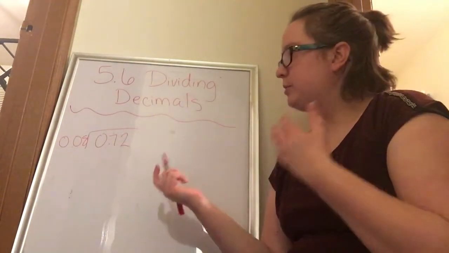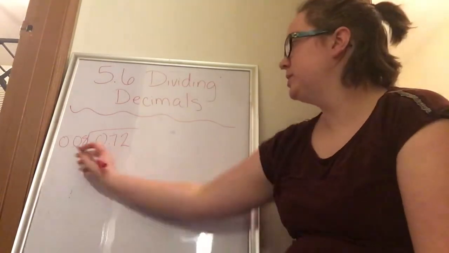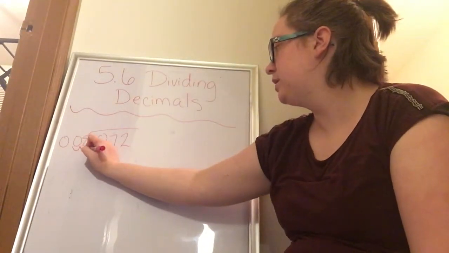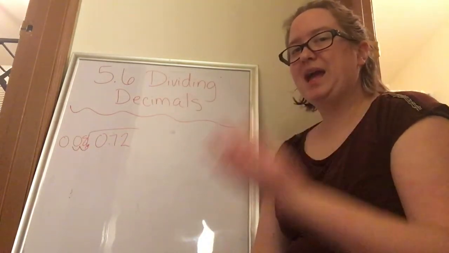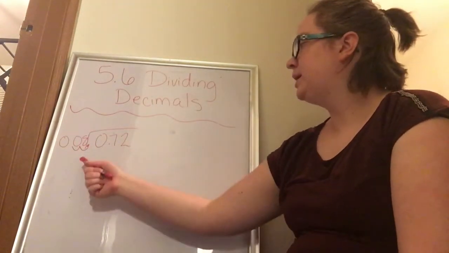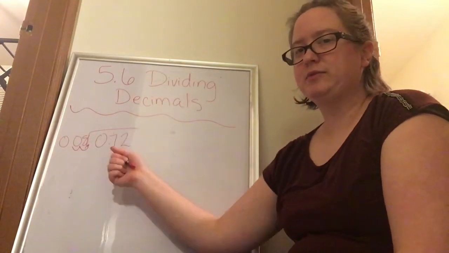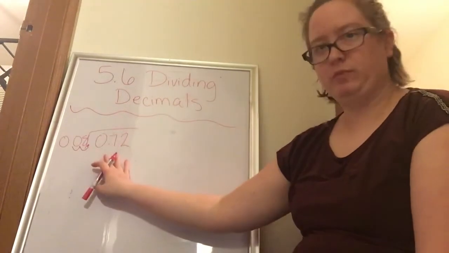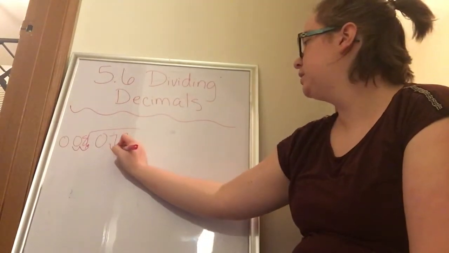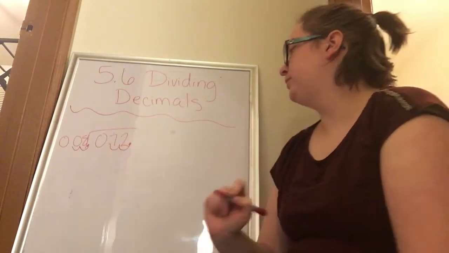So all we're going to do is move our decimal until we have a whole number. So in this case, we're going to move it once and then twice so that I am just dividing by 8. Now, whatever I do to my divisor, I have to do to my dividend. So I moved my decimal twice to the right, so I have to move my decimal twice to the right. So 1, 2.